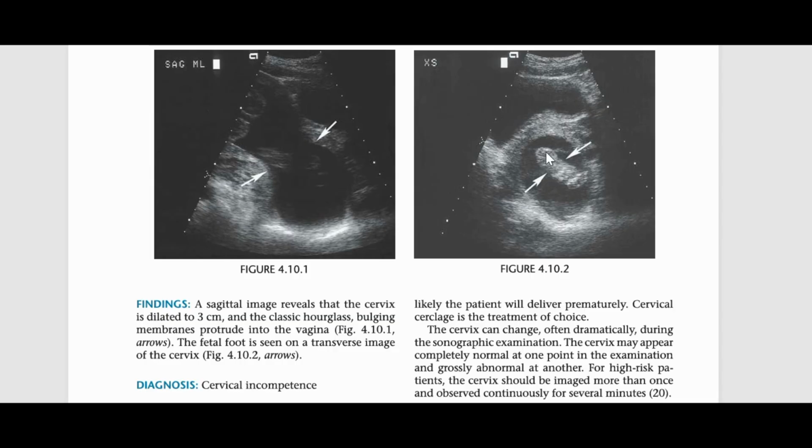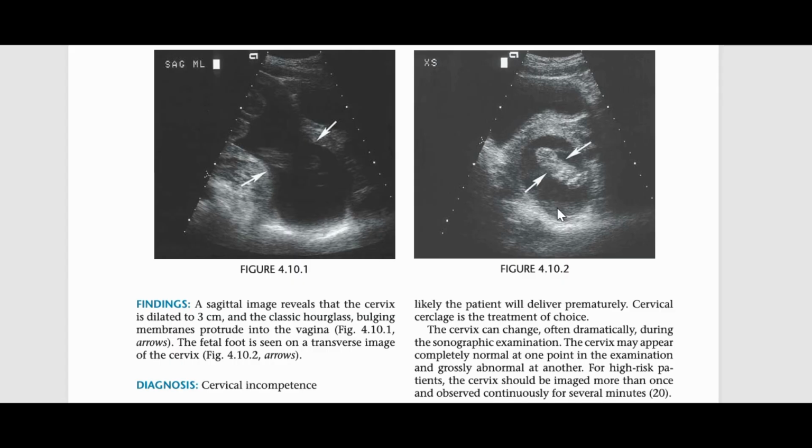This is the fetal foot, and these are the toes. So the fetal foot can be seen here on the transverse image of the cervix, as well as the dilated cervix.